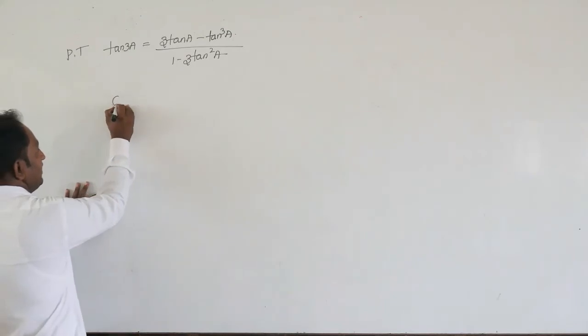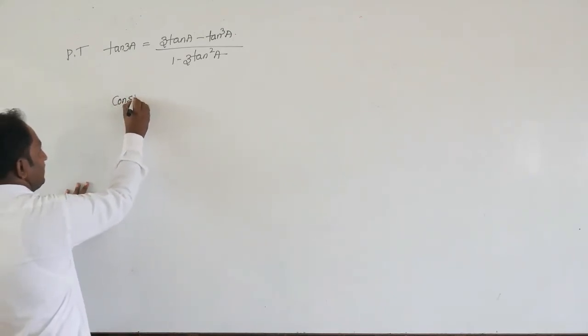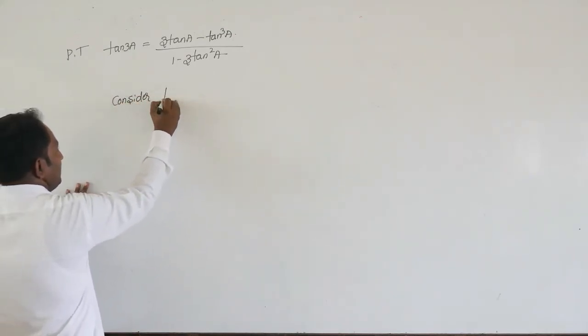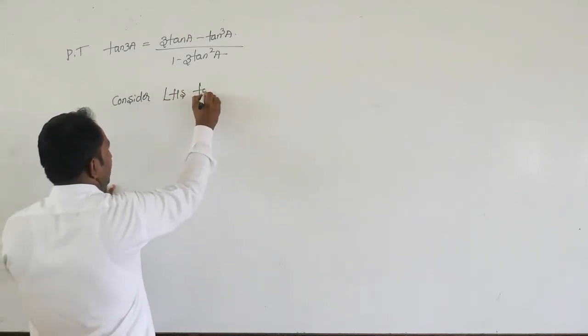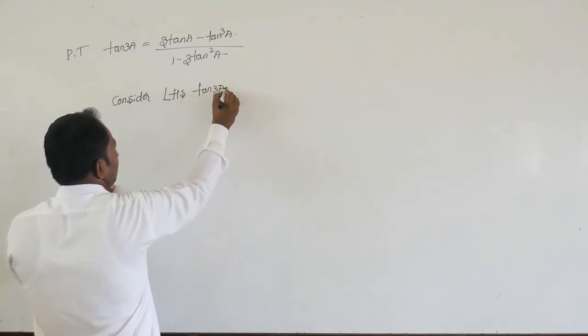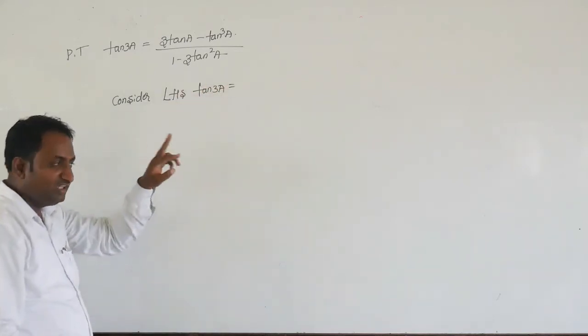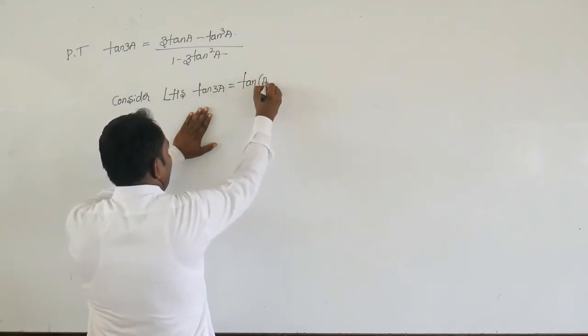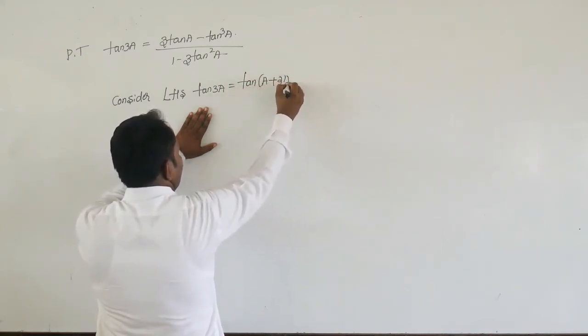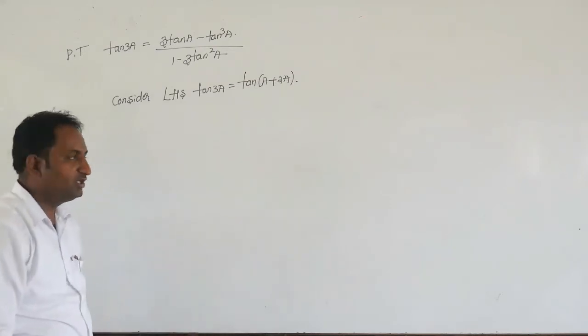Consider again the LHS part, tan of 3A. Tan of 3A is written as tan of A plus 2A.